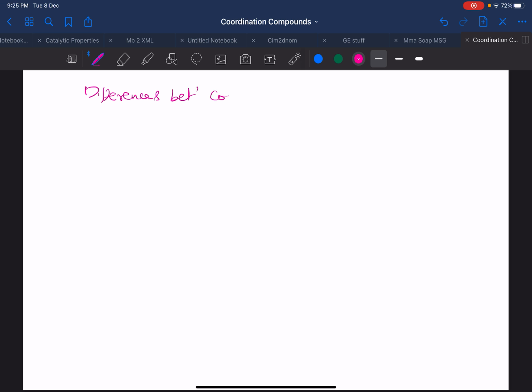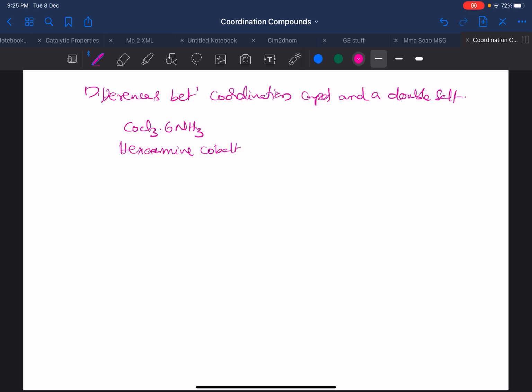In coordination compounds, for example CoCl3.6NH3, called hexaamminecobalt(III) chloride, that is the complex.